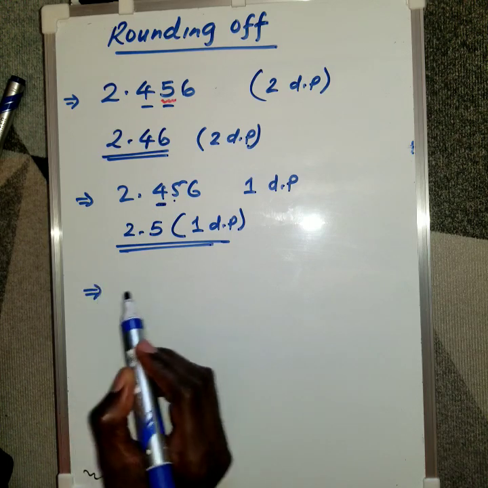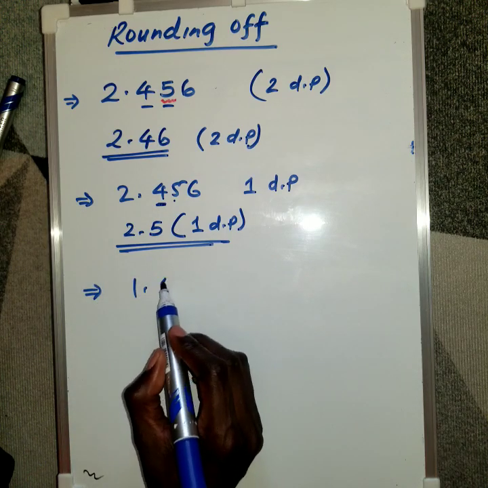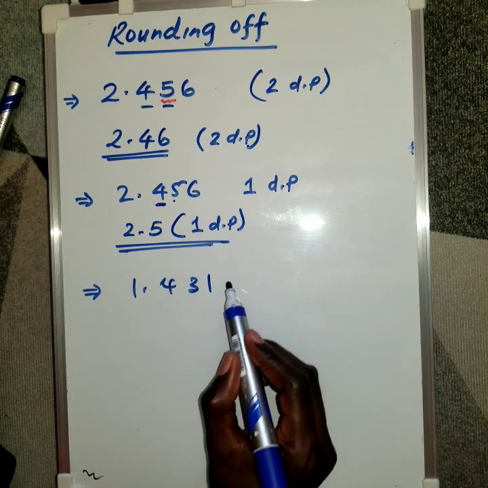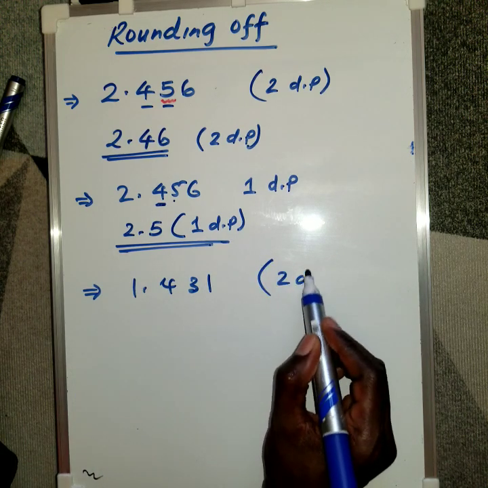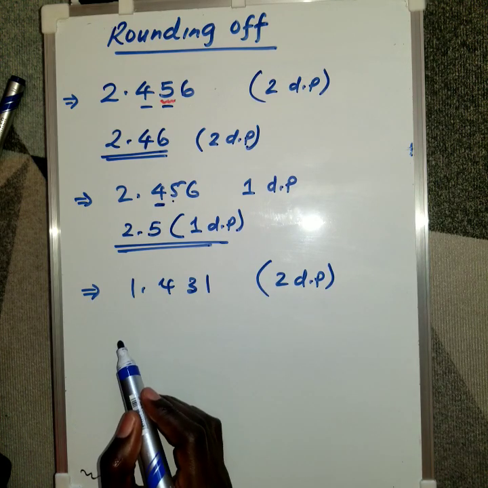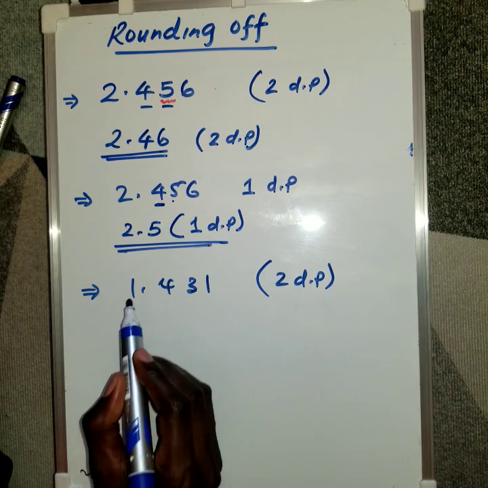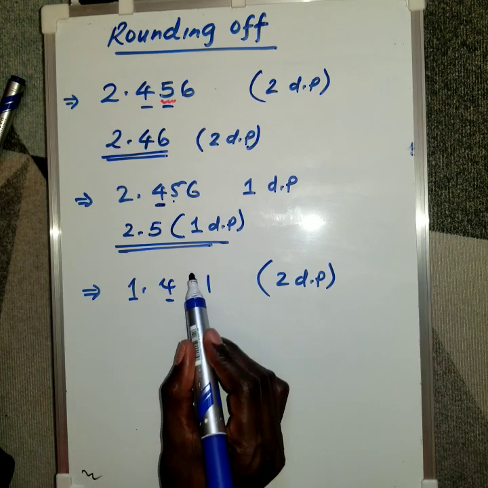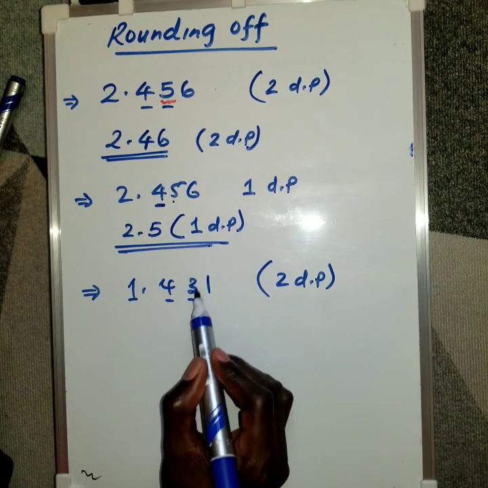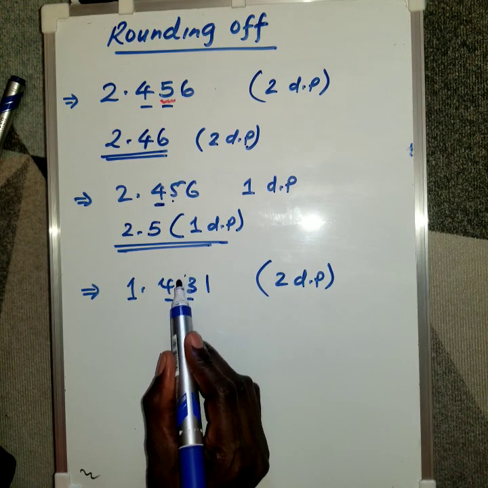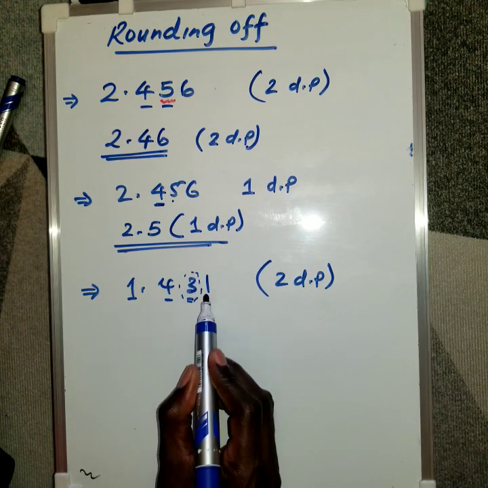Now suppose you had a number 1.43, maybe 1.431, and they told you to round off to 2 dp, to 2 decimal places. How can you do that? You can pause the video and try out this one. To 2 decimal places means after the decimal point you just count 1, 2, meaning the number should end here. So the value of the 3 is dependent on the next value.